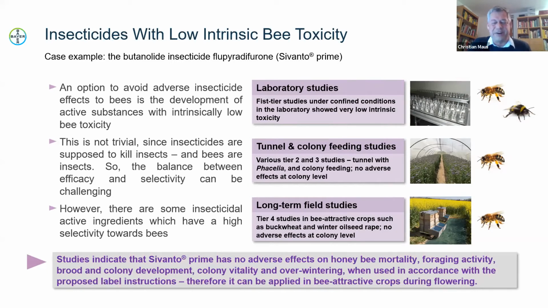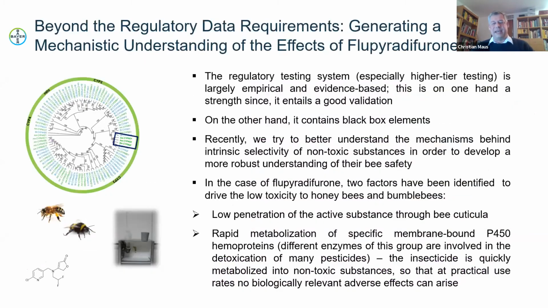So how to get out of that dilemma? Well, there are a few substances which are intrinsically non-toxic to bees, and here one of them, the butenolide flupyradifurone, is such an example, which is of intrinsically very low toxicity, so that it even can be sprayed into many flowering crops.